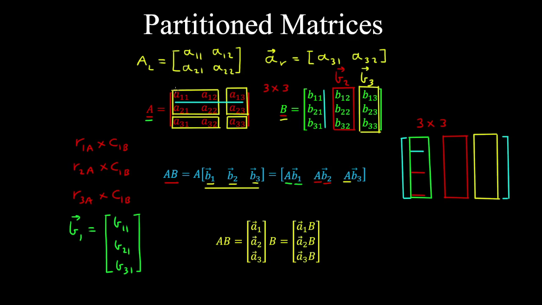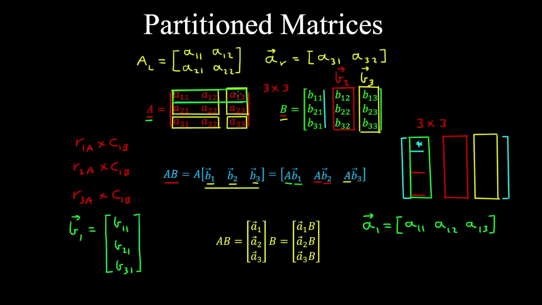Now alternatively, we can designate the entries in A as row vectors. So we have the row vector in row 1 with the following entries. So if we multiply this row vector in A by column 1 in B, we get this entry in our resulting matrix.